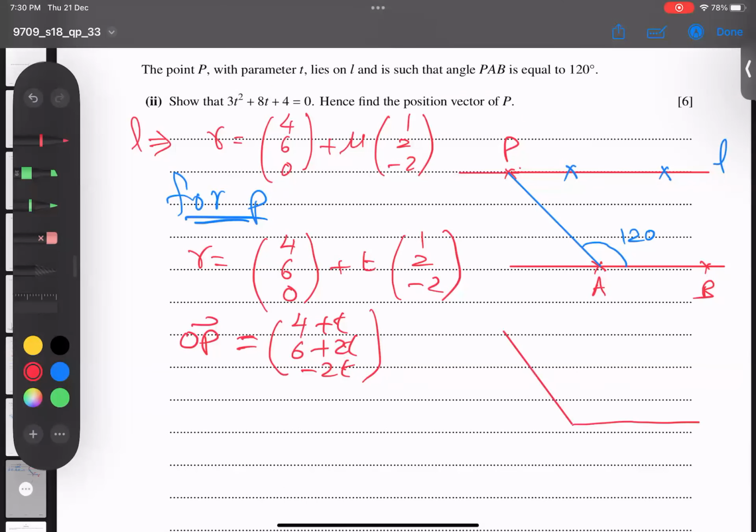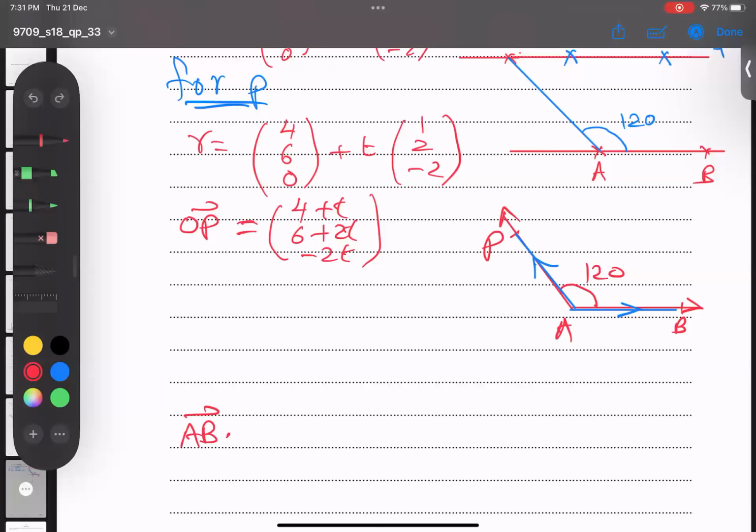So what dot product formula will we apply here? This is the starting point A to reach B. So how to write AB vector dot, how to read this, student? Don't say PA, wrong. I have to say AP. So AB vector dot AP vector equals AB vector's magnitude into AP vector's magnitude into the angle between them, which is theta, which I can say is 120.